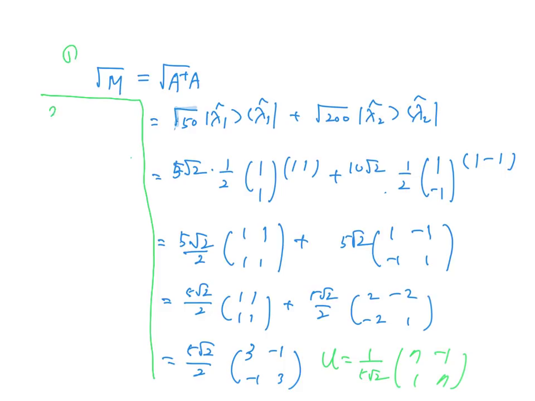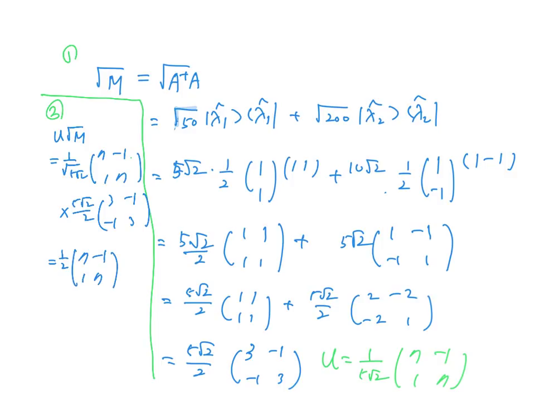So u square root of m: (7 minus 1, 1, 7) times 5 square root over 2, 3 minus 1, minus 1, 3 is 1/2.